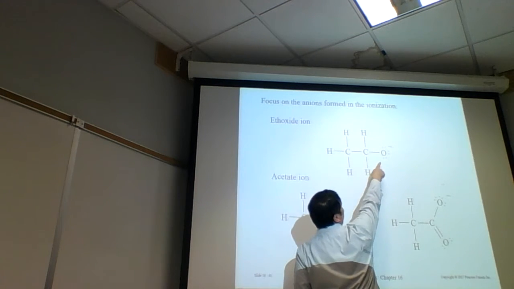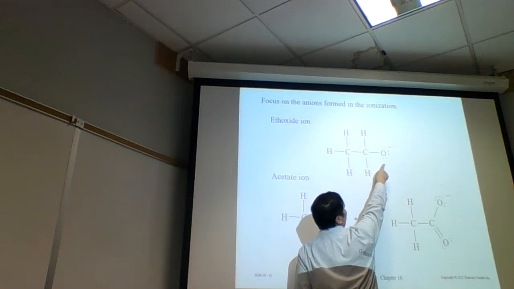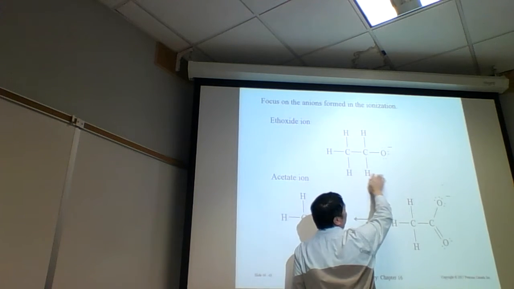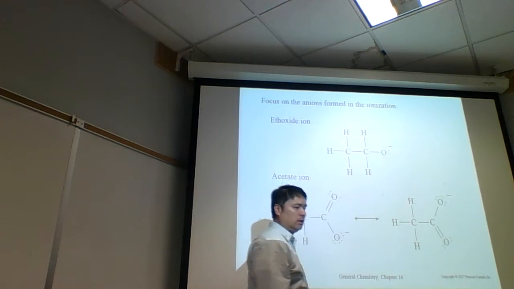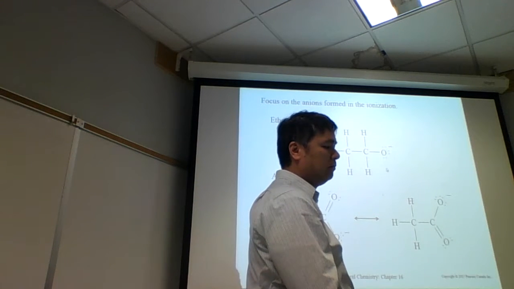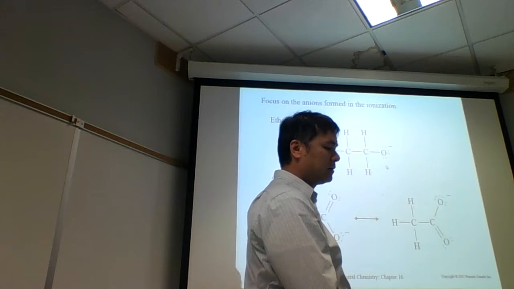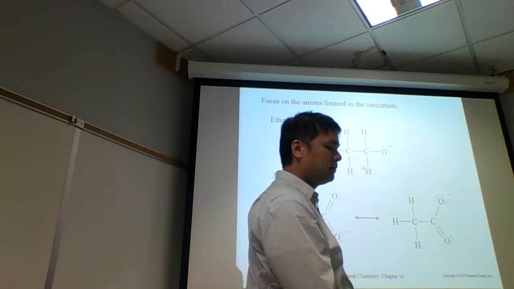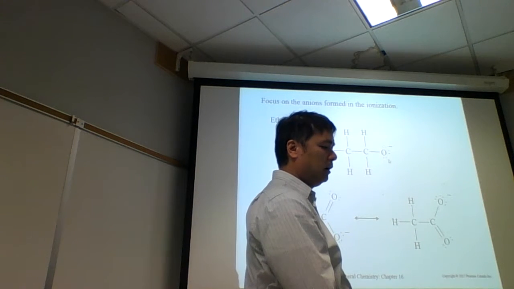Whereas you can't delocalize this into the hydrogen or the carbon. No, it's not going to work. So when it's localized, it's a lot more reactive and more unstable. This is number 2, the stability of the conjugate base.